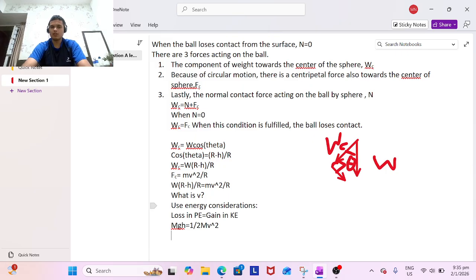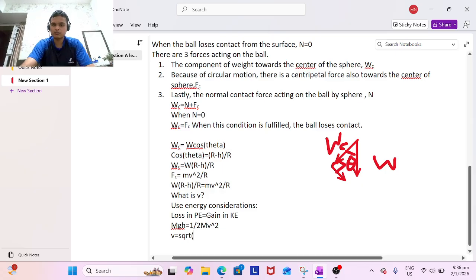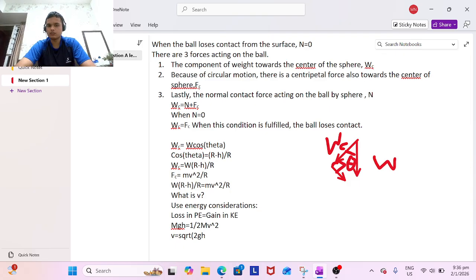So v is equal to the square root of 2gh.